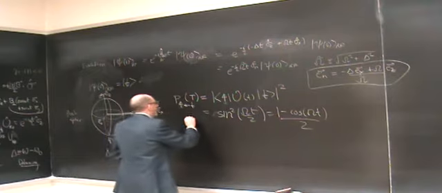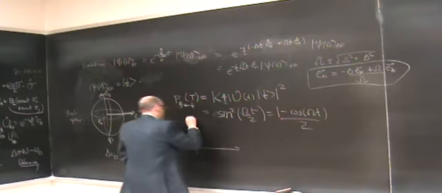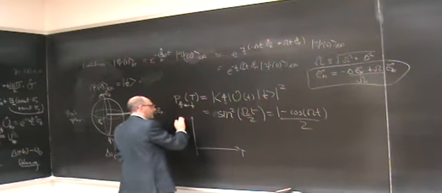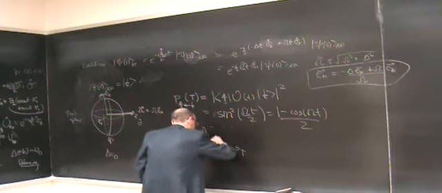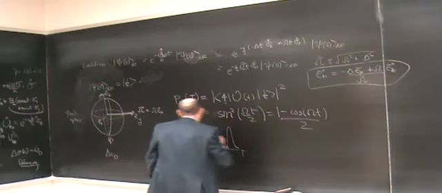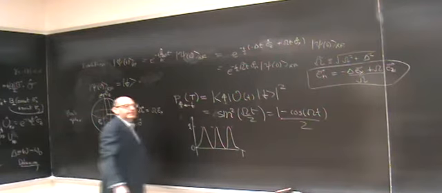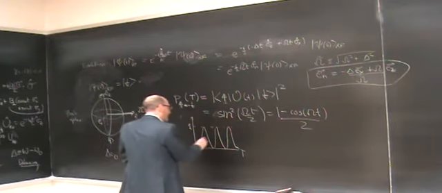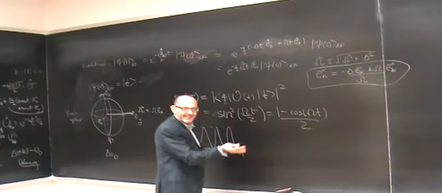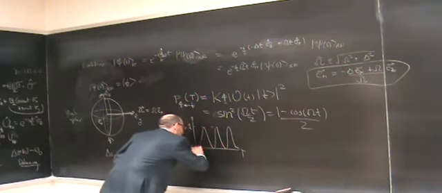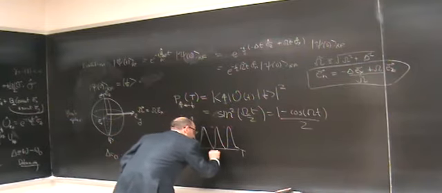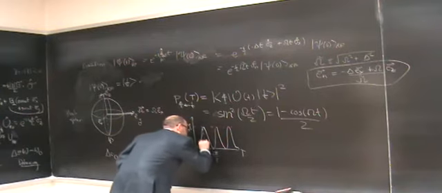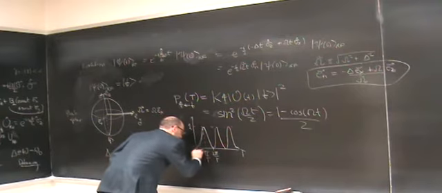So on resonance, this probability oscillates like a sine squared from 0 to 1. It's supposed to look like a sine squared, and this is t equals 2 pi over the Rabi frequency. This is pi over the Rabi frequency. This is pi over 2 times the Rabi frequency.